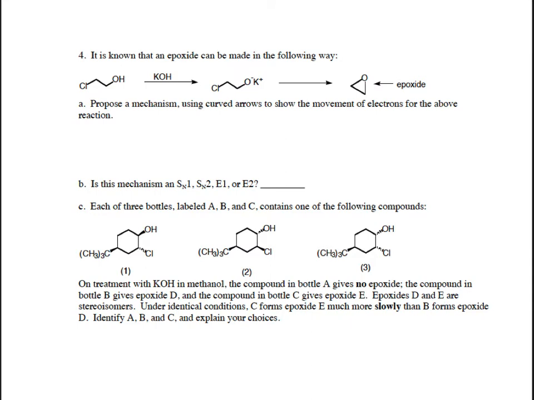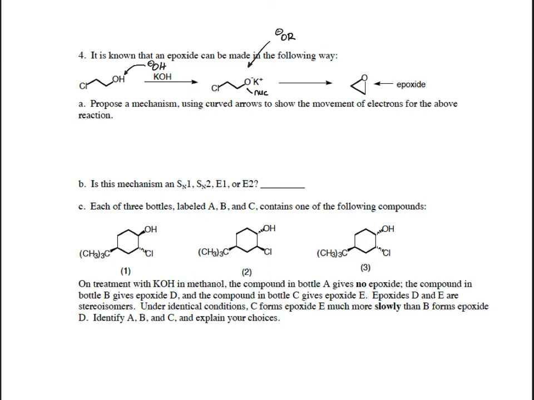So we're going to deprotonate it with OH minus from KOH. And that OH minus will just grab the hydrogen, take it away, leaving us with an O minus, which then is a nucleophile. It's a strange looking molecule, but this is sort of like OR minus, isn't it?